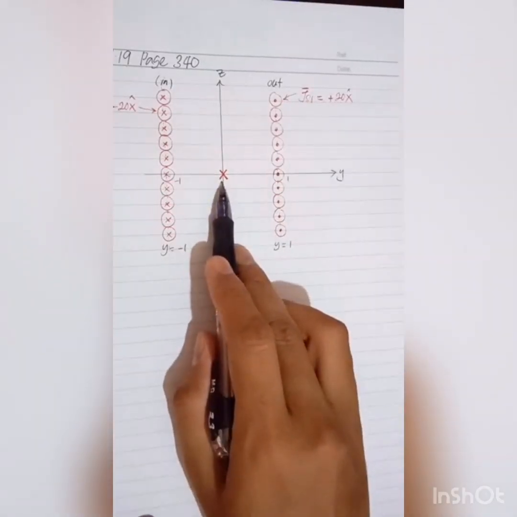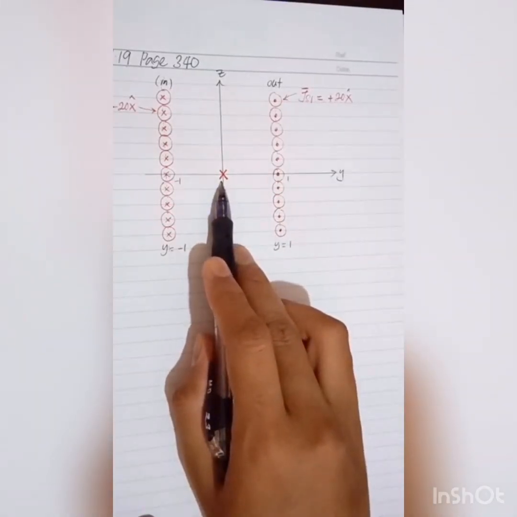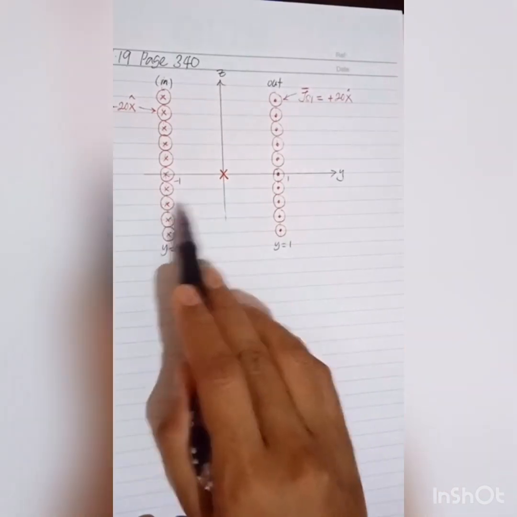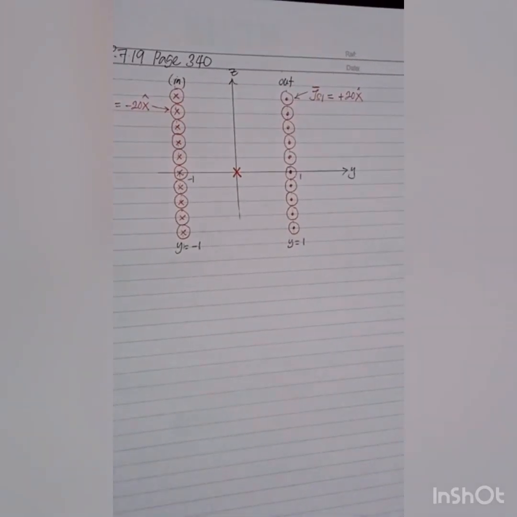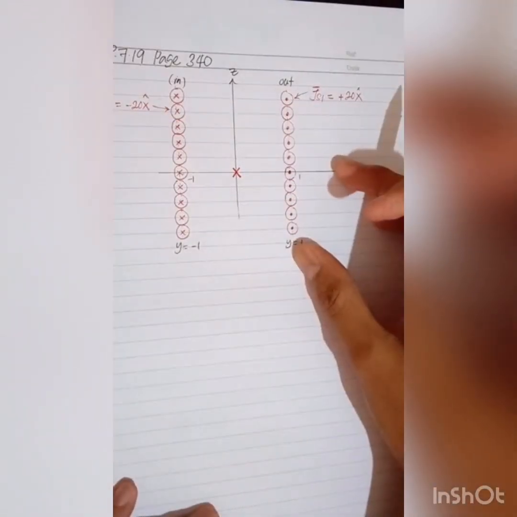To apply ACL, we need to draw the Amperian loop, which must pass through the point of interest and must be completely closed. Since we have two surface currents, we have to draw two loops, one Amperian loop for each. Let's start with the first surface current.